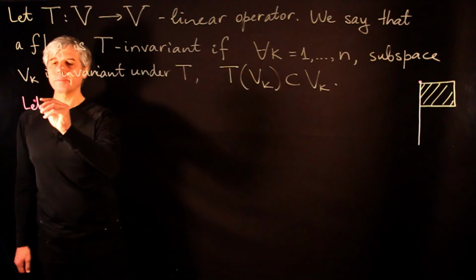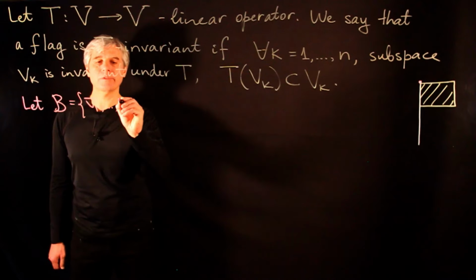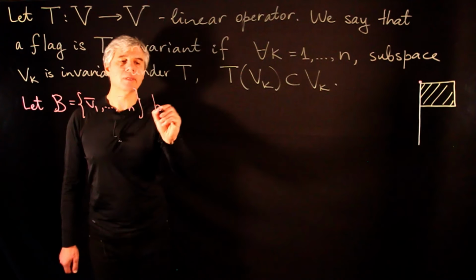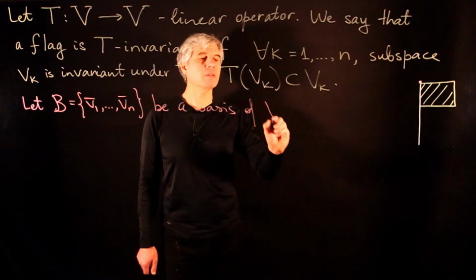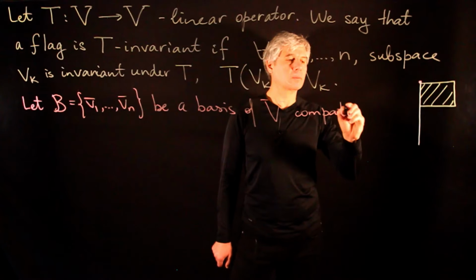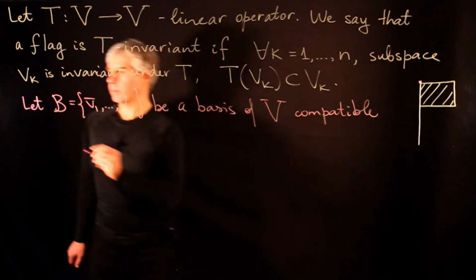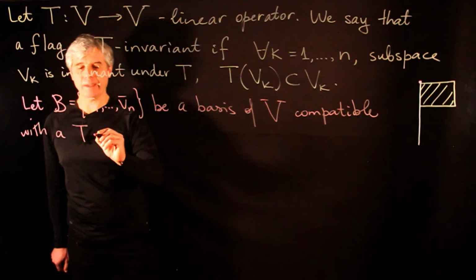Now let V1 through Vn be a basis of our vector space compatible with a T invariant flag.